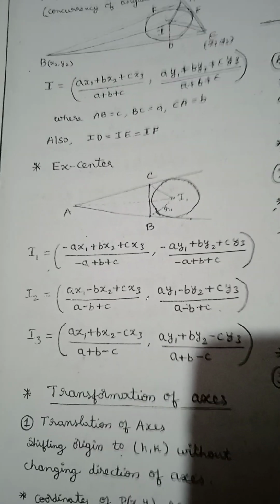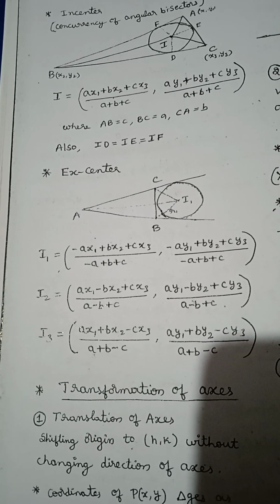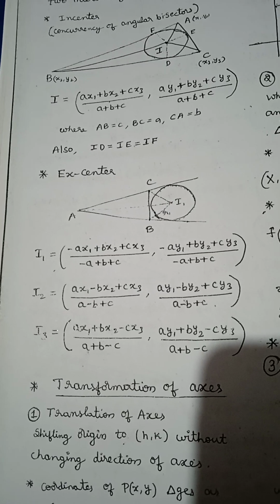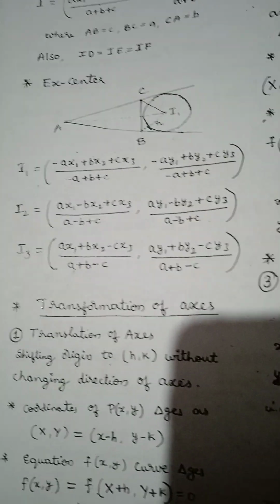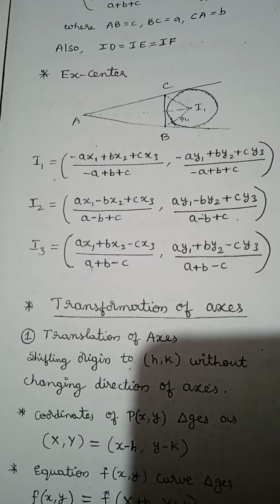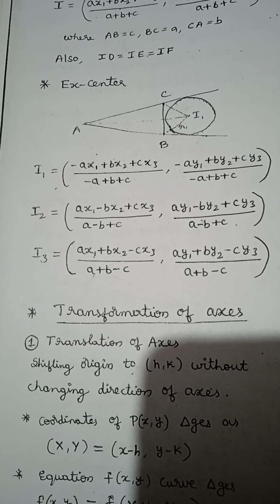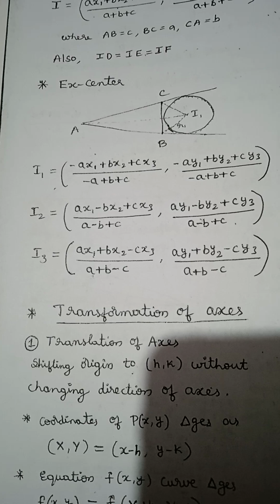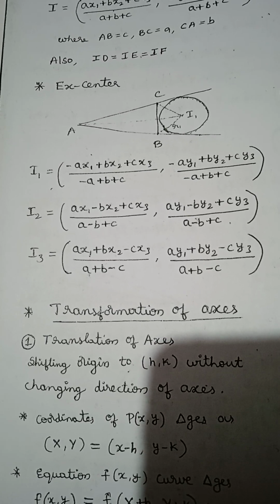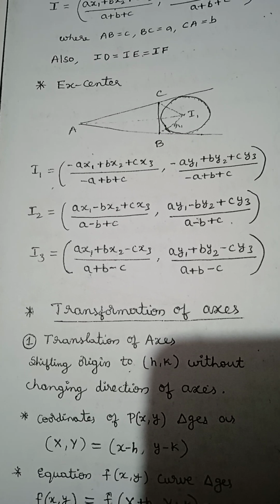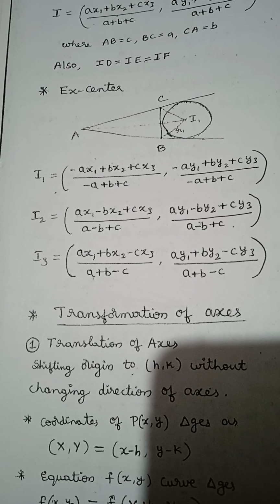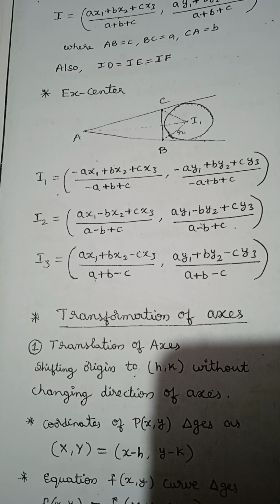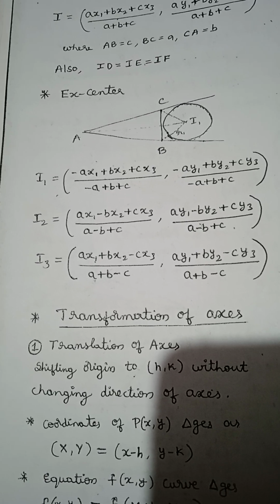Excenter: we have three excenters I1, I2, I3. Coordinates of I1 equal (minus a x1 plus b x2 plus c x3) divided by (minus a plus b plus c), comma (minus a y1 plus b y2 plus c y3) divided by (minus a plus b plus c).